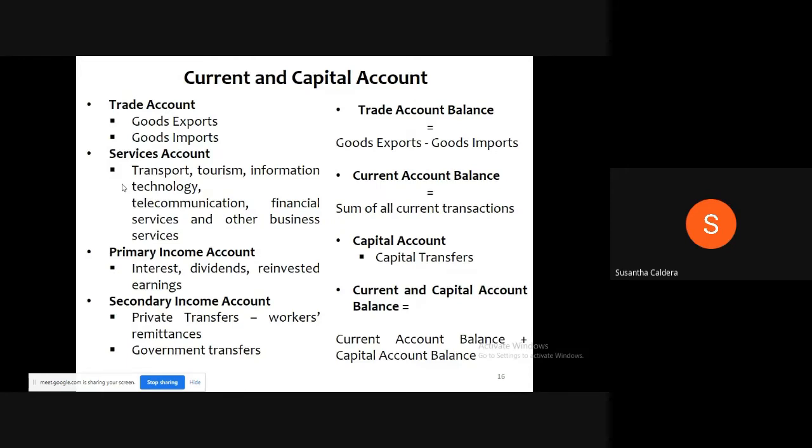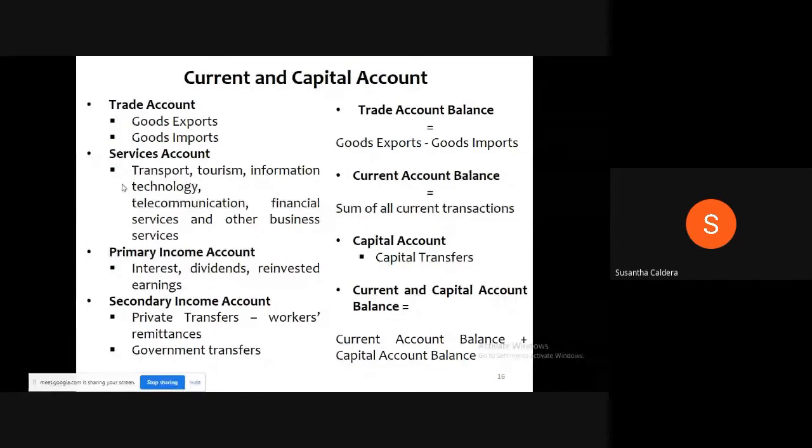Can you go through this slide carefully and try to understand the current and capital accounts? Take about 5 minutes. The trade account means goods exports and goods imports.